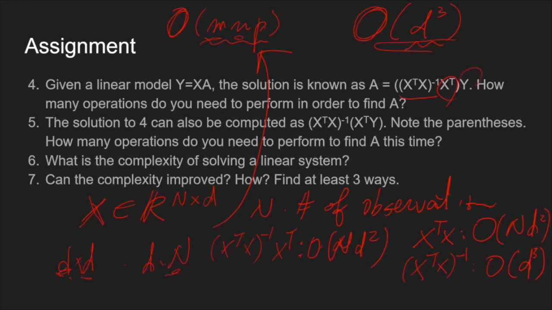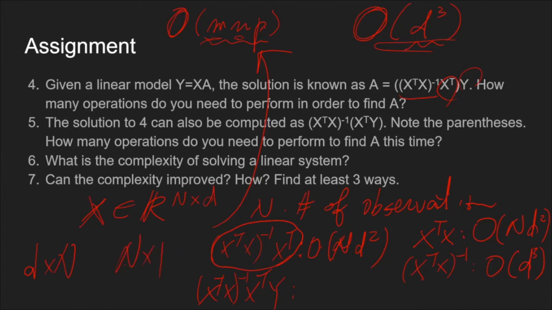Finally, we need to multiply y. And in order to do that, what do you need? This whole chunk is d by n, multiplied by y, which is n by, let's call it 1.